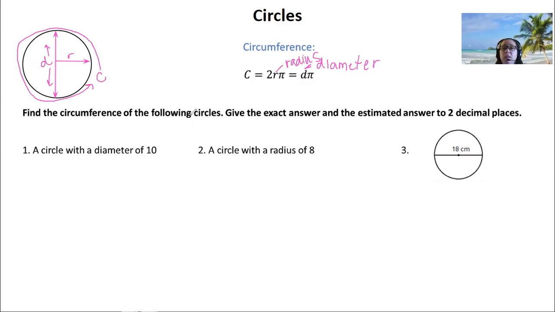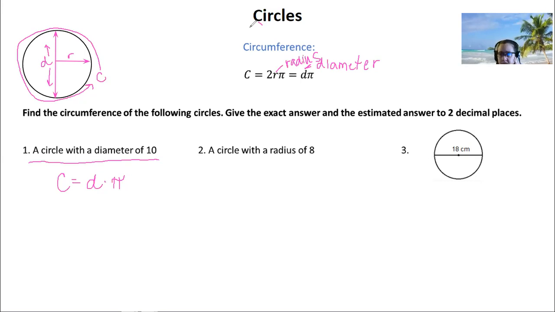Good. So we want to find the circumference of a circle with a diameter of 10. Since we're given a diameter of 10, we're going to use this: circumference equals diameter times pi. And remember pi is that magical number that refers to a circle's circumference by the diameter. It's one of the questions in the homework.